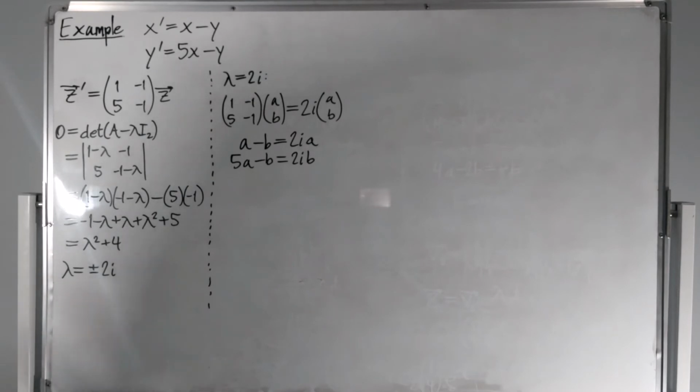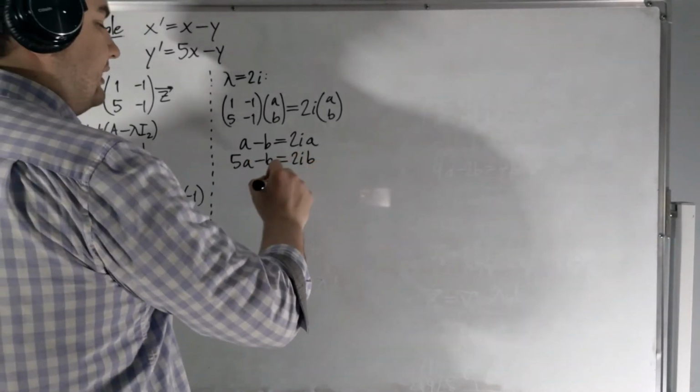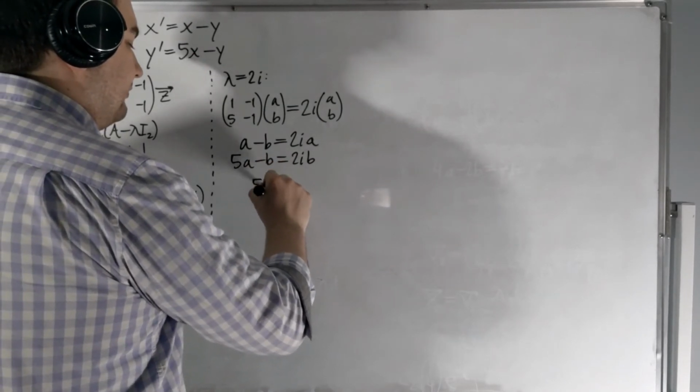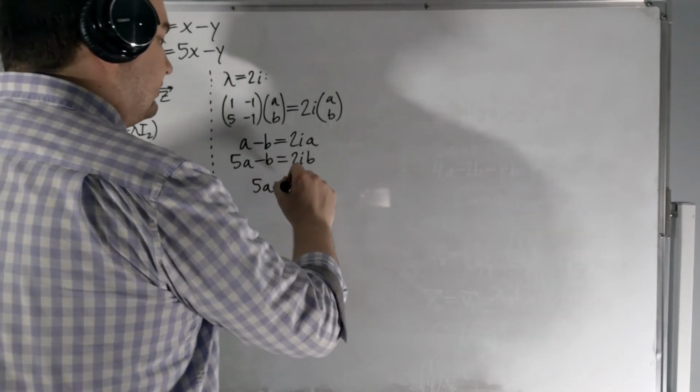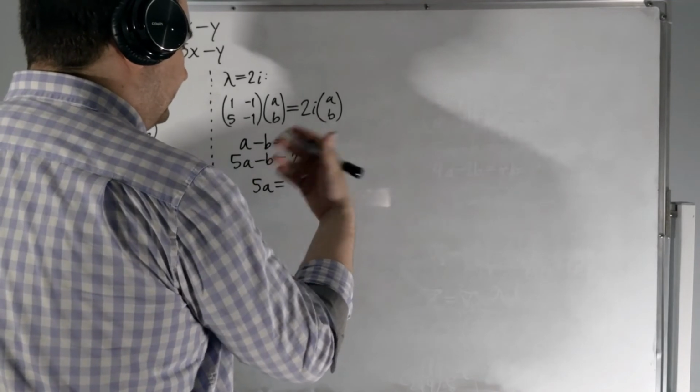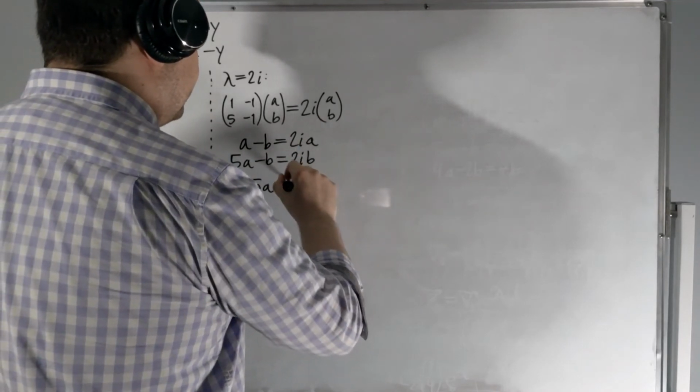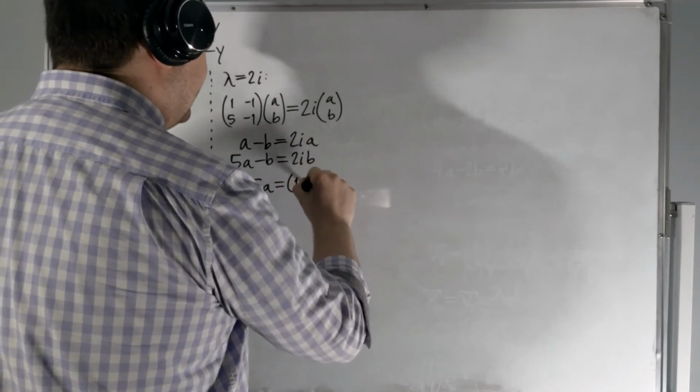Okay. Add b to both sides of the second equation to get 5a equals (1 plus 2i) times b.